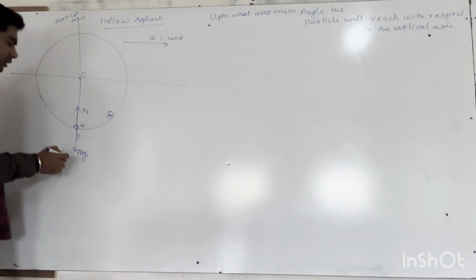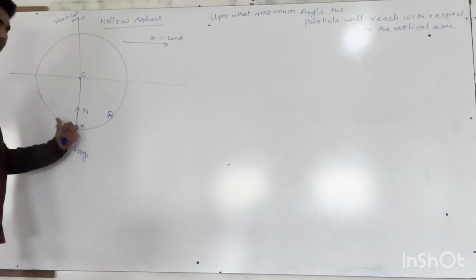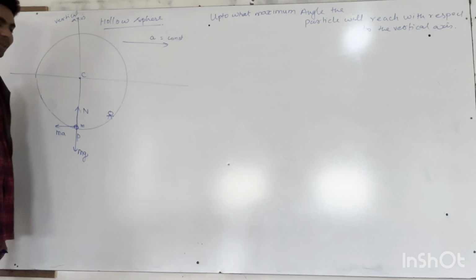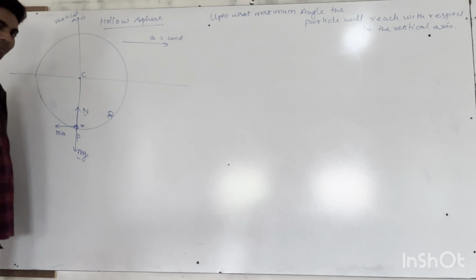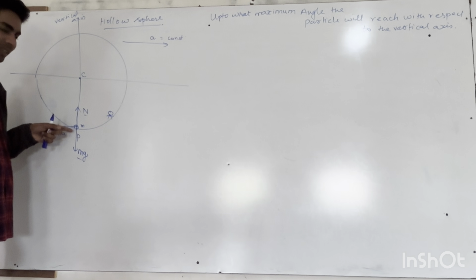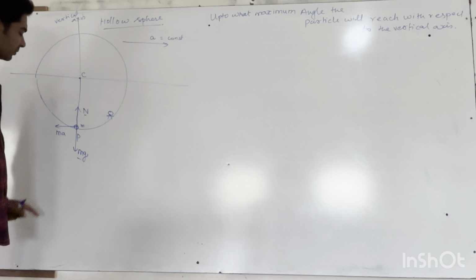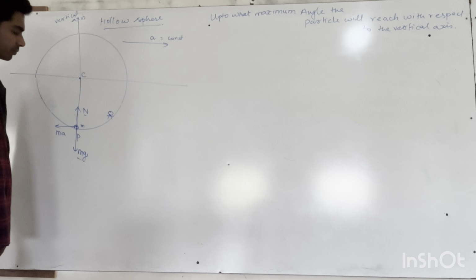So pseudo forces will come. So a single pseudo force of mass into acceleration of the frame, that is a. Ma force is now for me acting on the particle of mass m. You can see this N and mg will balance each other so that the particle stays on the hollow sphere surface in contact, but this ma will try to push the particle in backward direction.